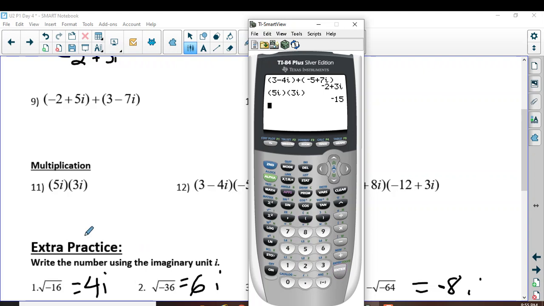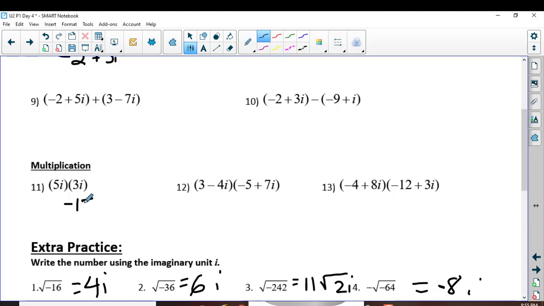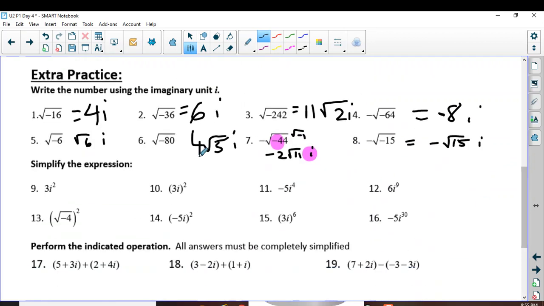And there we go. All right, so just type all those in. When you come down here, we did these in class. Remember what you do is you can just type in the square root of 16 and you get 4. And then the square root of -1 is i.